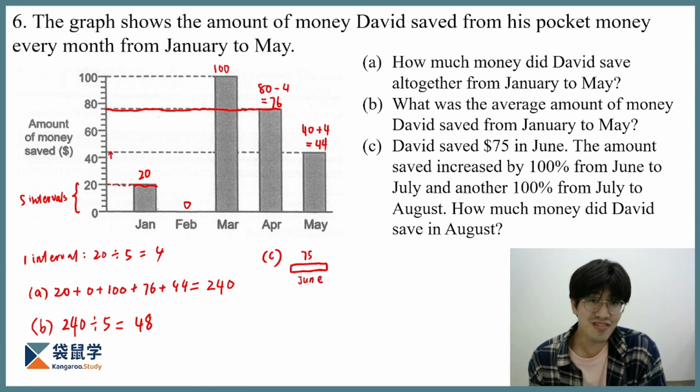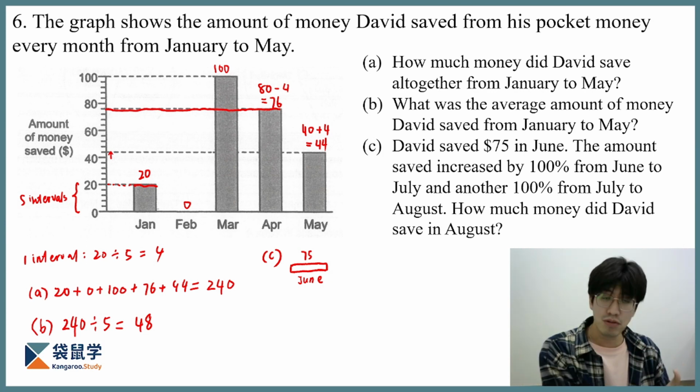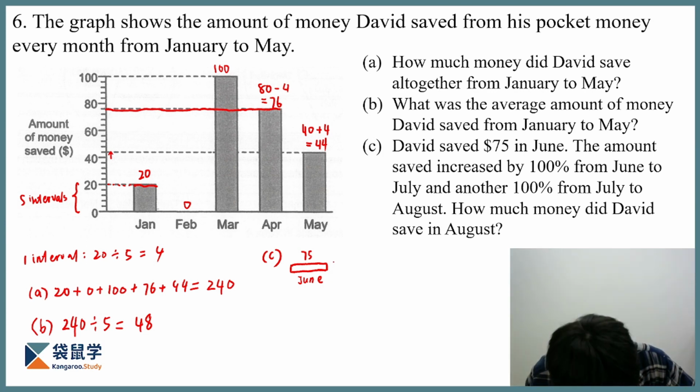And since it increased by 100%, meaning it doubles the amount for July, so for July, then it's going to be 2 times of 75, which is 150.